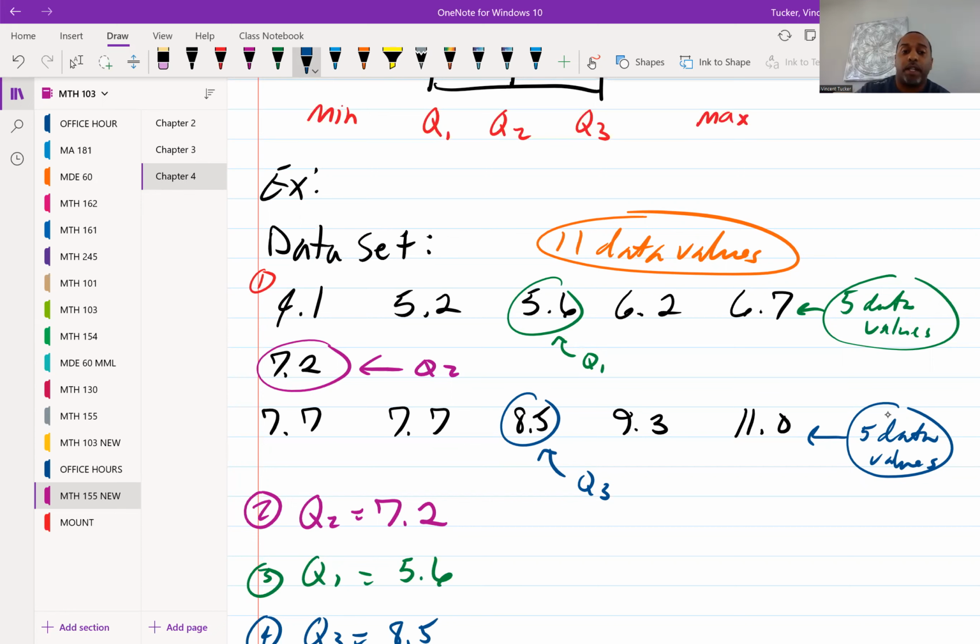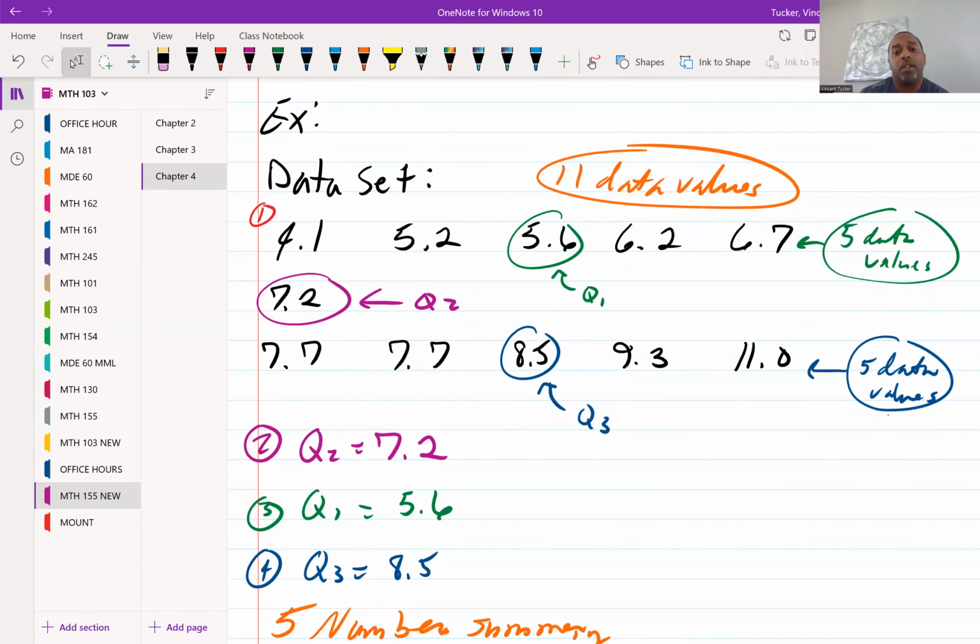And then same thing for that second half of data. I have 5 data values, so my middle number is 8.5.